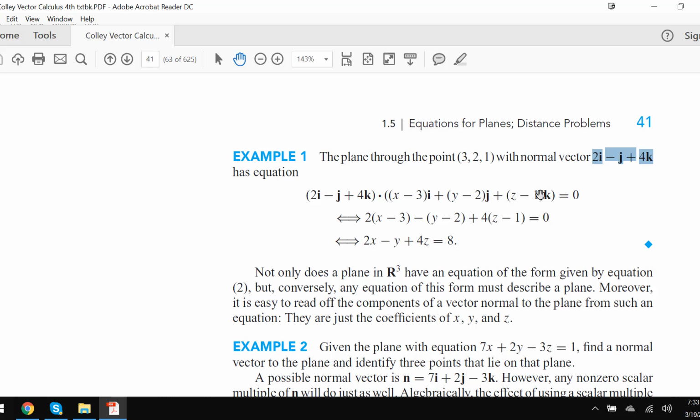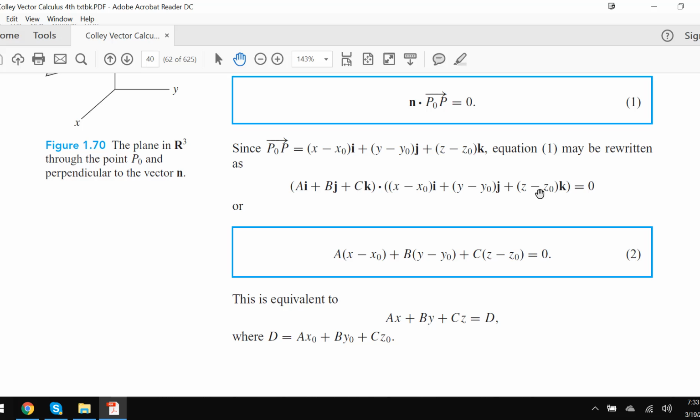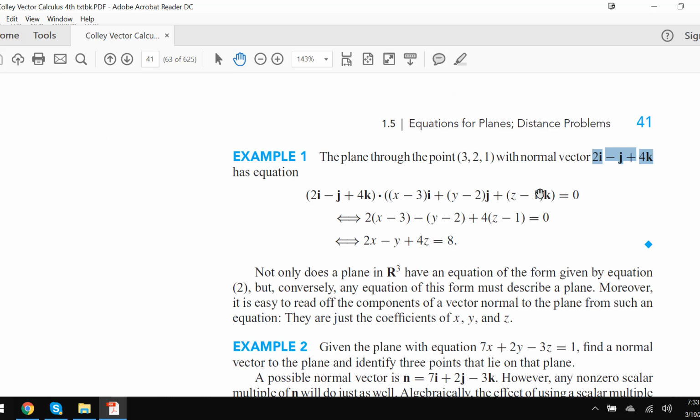This part here is P0P, and this is n. We just do their dot product and set it equal to 0, and then we multiply it out. We get this, we get this. So this is the equation of that plane.